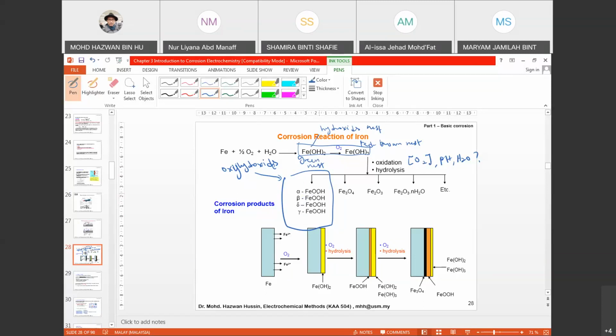Alpha FeOOH is normally known as goethite, G-O-E-T-H-I-T-E. Beta, this one is lepidocrocite. Delta FeOOH is known as feroxyhyte. And then you can also have gamma.